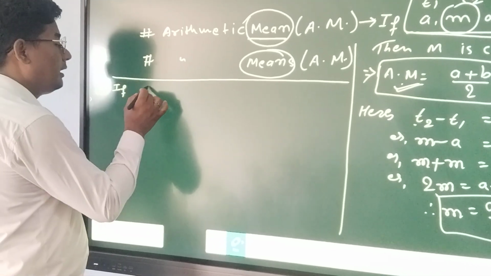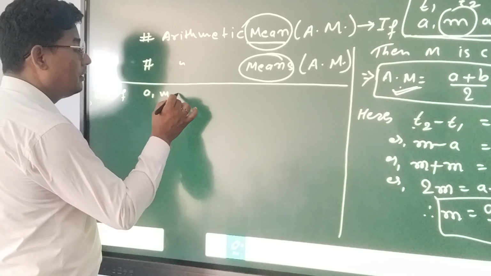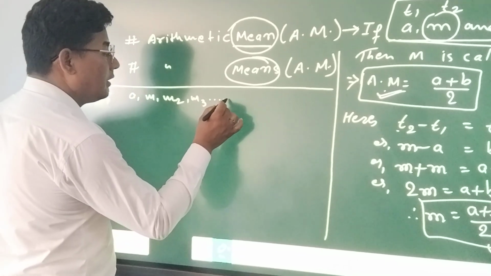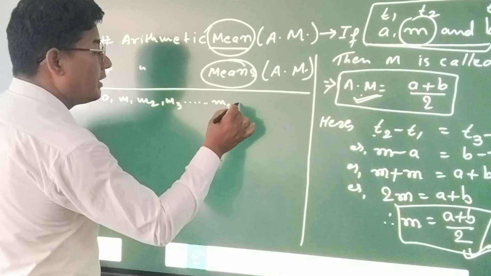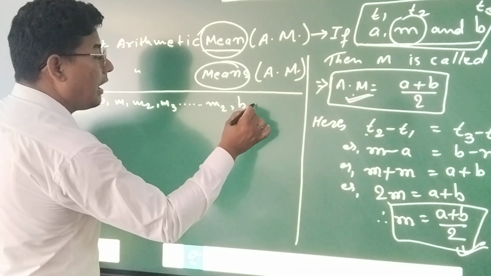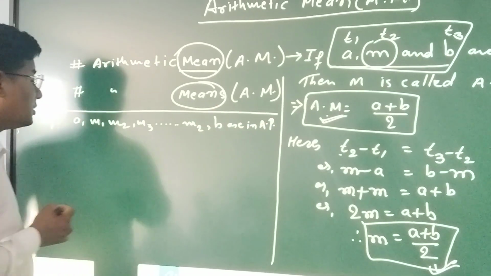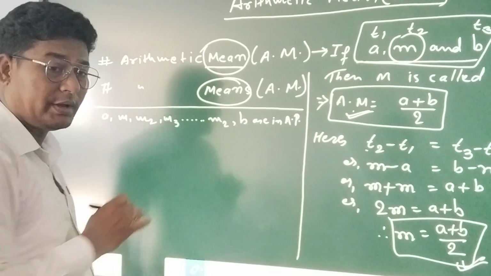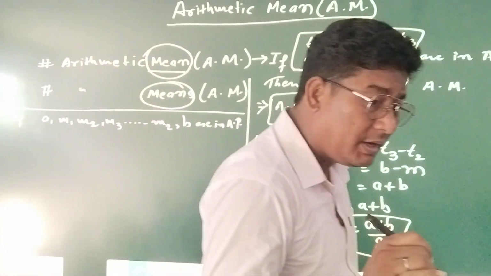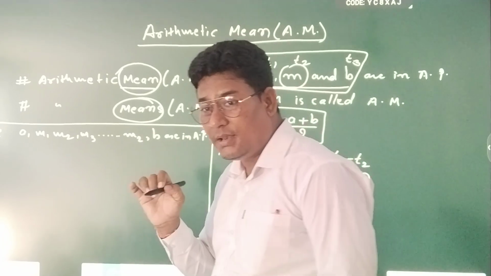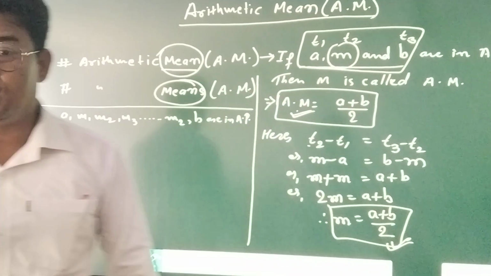Listen, suppose A, M1, M2, M3, up to Mn and B are in arithmetic progression. This is the sequence which is in arithmetic progression.